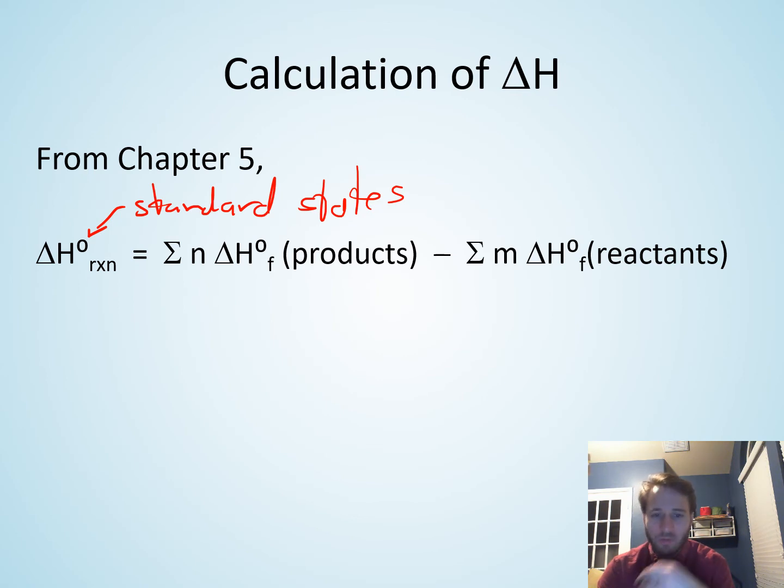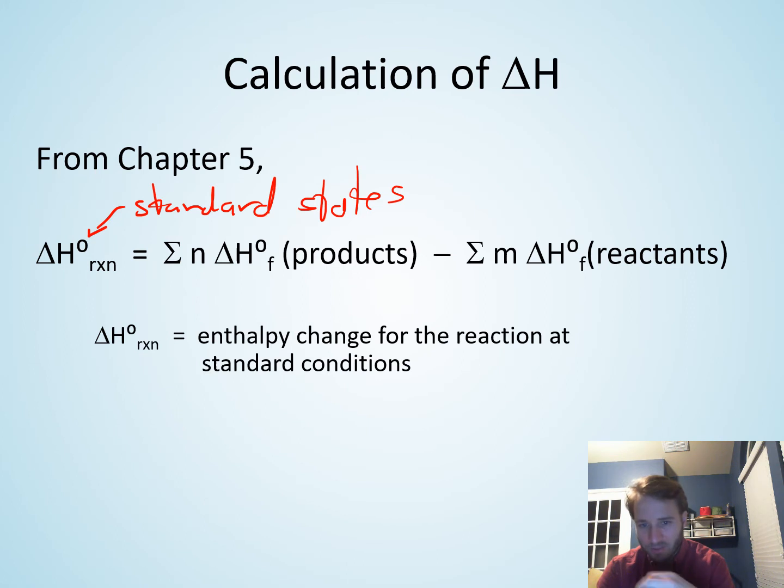And so the enthalpy change for a reaction is related to the enthalpy of formation of the products minus the enthalpy of formation of the reactants times their stoichiometric coefficients. That symbol here is the sum symbol, for summing up all the reactants, all the products. N and M are moles.